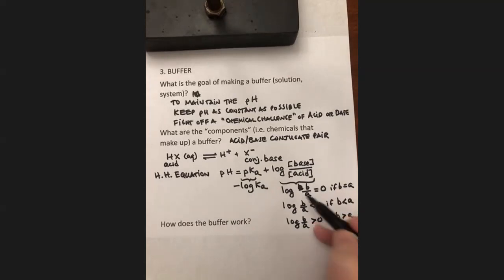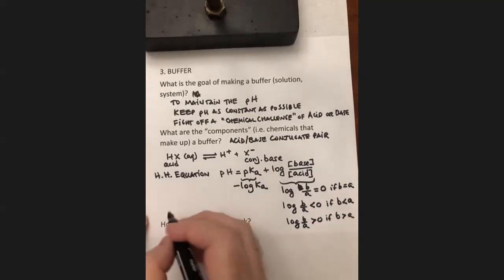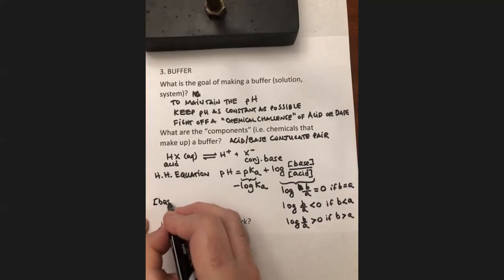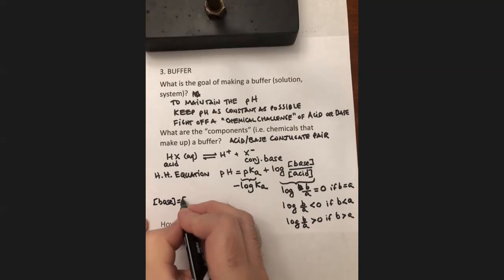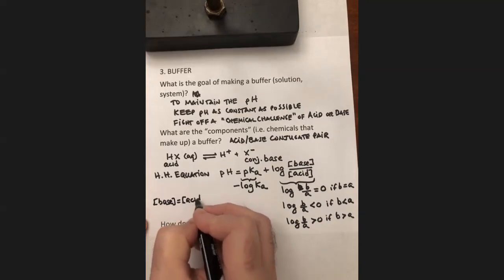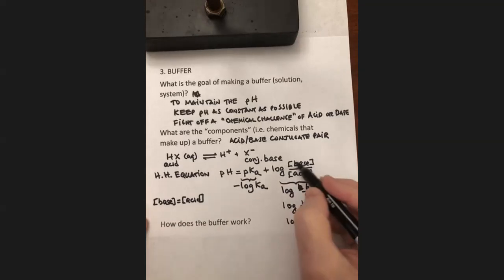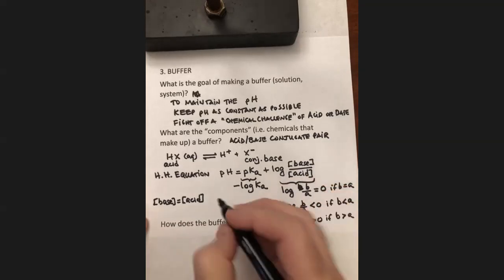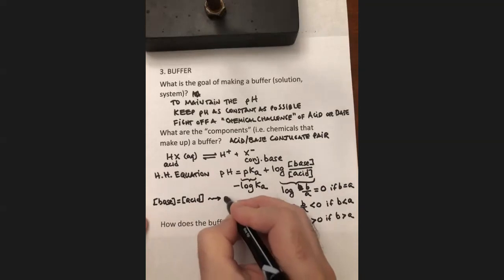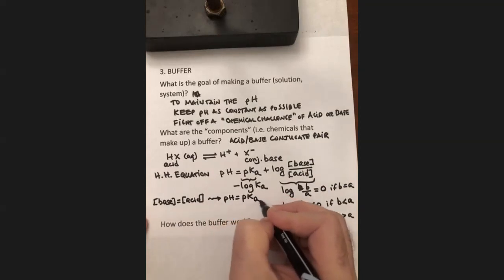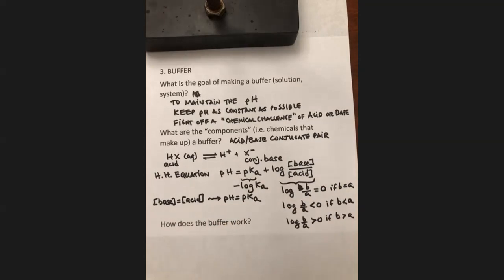So that means that if the concentration of base in my buffer equals the concentration of acid, this term here is going to be 0. So what's going to happen is the pH is going to be the same as the pKa. All right.